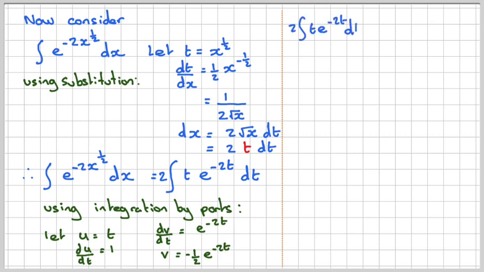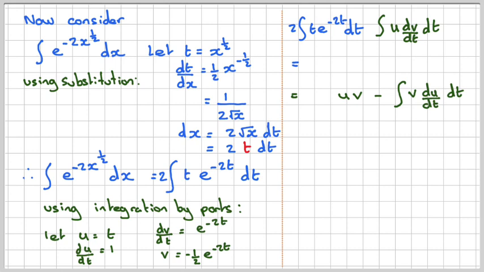Right, so 2t e to the minus 2t dt is going to be, using the formula for integration by parts, uv minus the integral of v du dt dt, where the original integral is u dv dt dt in this case.